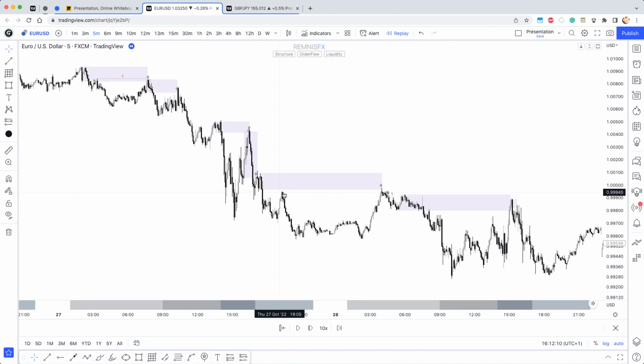Is there inducement here? In this case there was. It was taken out, okay? Price tapped the order flow and started to move down, okay? And for your entries, of course, you can scale down further to the 1 minute or 3 minute, like I also like to use 1 minute and 3 minutes for my entries.